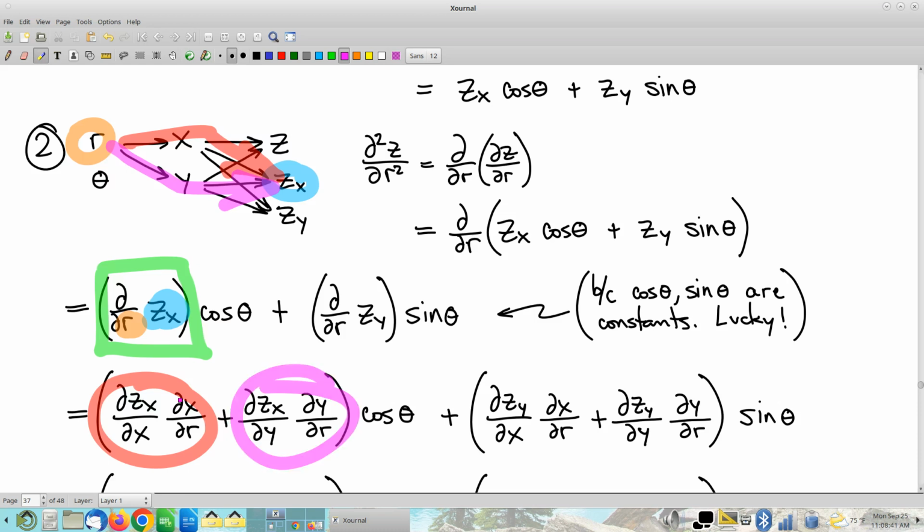Altogether, this is how you rewrite this second derivative of sorts, using the chain rule and our appropriately modified diagram representing what's a function of what. And again, just following the rules.